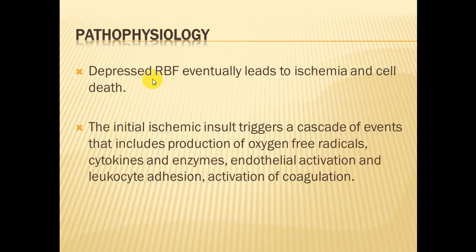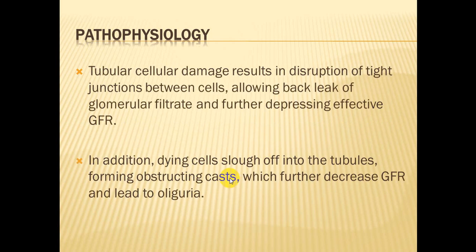So a decrease in the renal blood flow leads to ischemia and cell death. Initially, the ischemic insult triggers a cascade of events, which is production of oxygen free radicals, cytokines, enzymes, endothelial activation, and activation of coagulation.